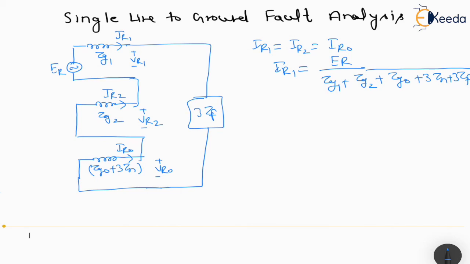If we calculate the value of IR1, then we can calculate the value of fault current, that is 3 times IR1, and then we can calculate the values of VR, VY, VB, VRY, VYB, VBR, and all the currents IR, IY and IB. So this is all about the single line to ground fault analysis.